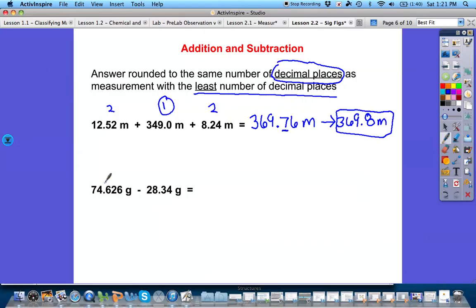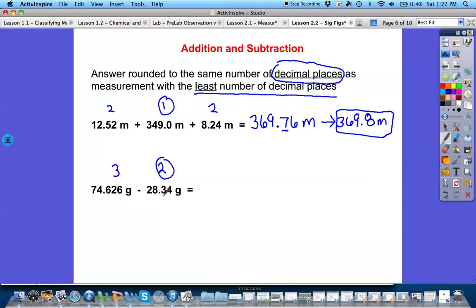In our next example, we have 74.626, that is 3 decimal places, and 28.34 is 2 decimal places. So our final answer is going to want to have 2 decimal places.